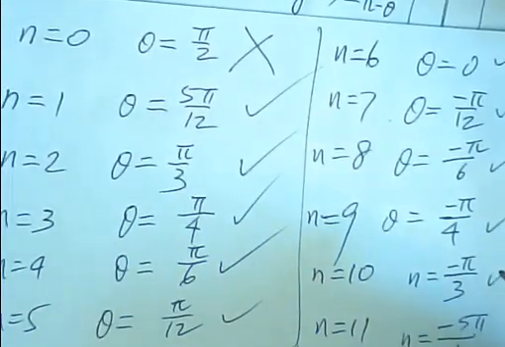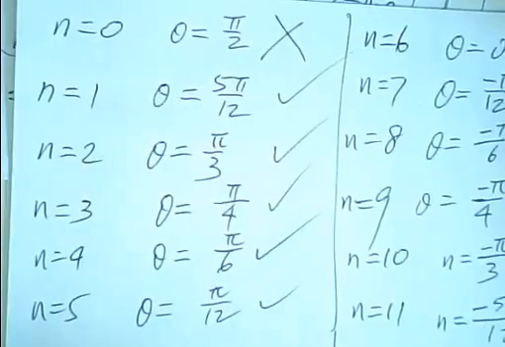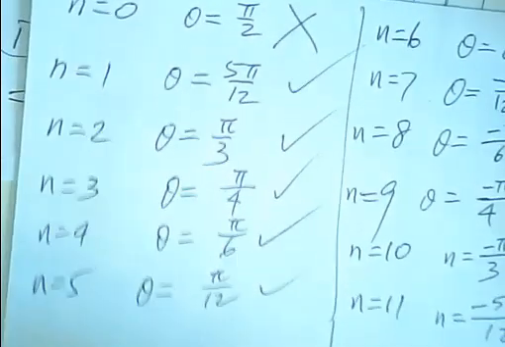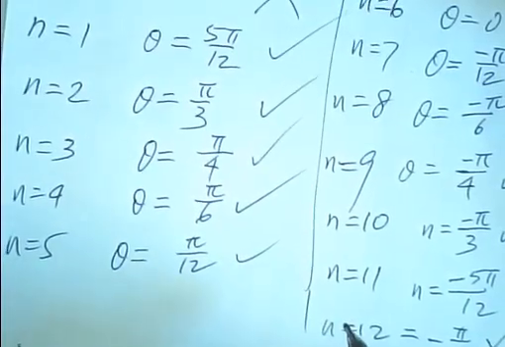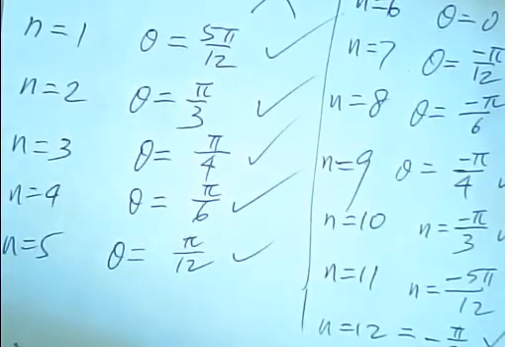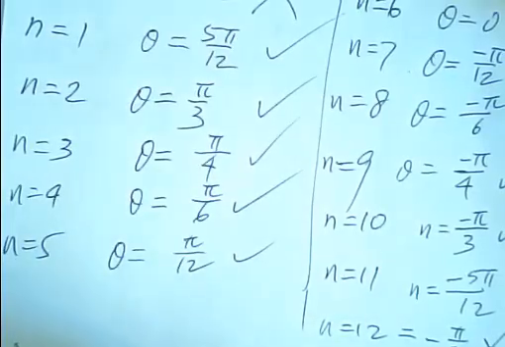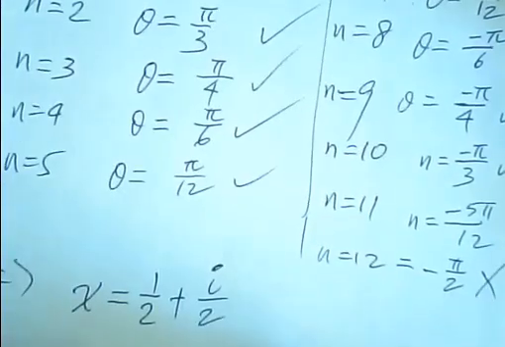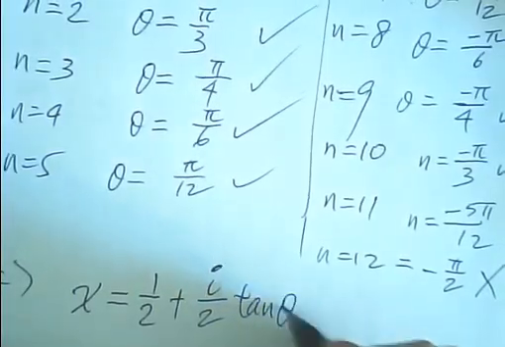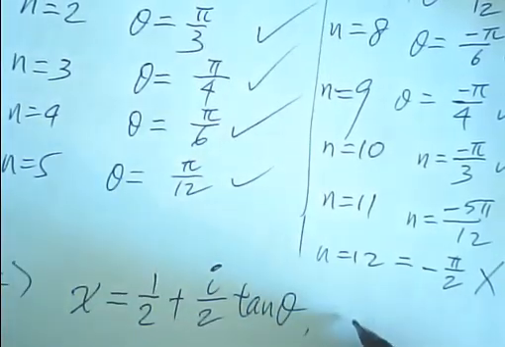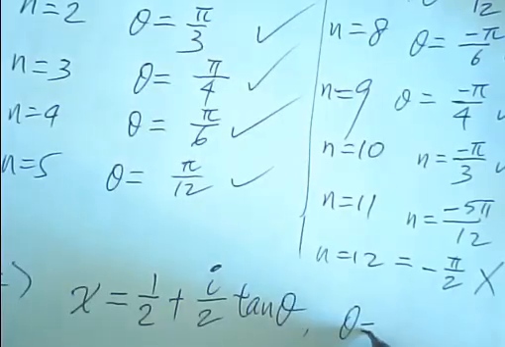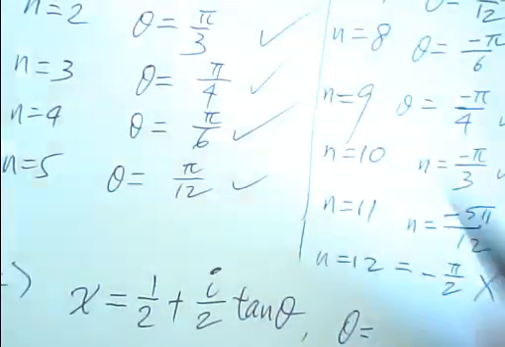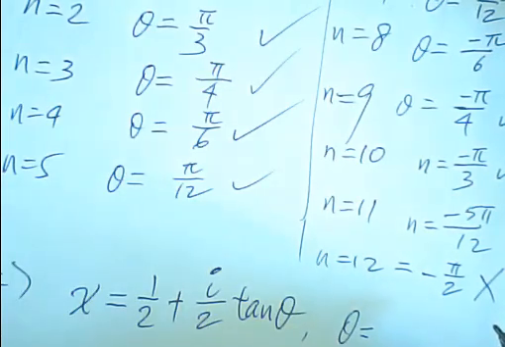So that's it. We have 11 roots. So finally we have x equal to 1/2 plus half i tangent theta, and theta is those angles, right?